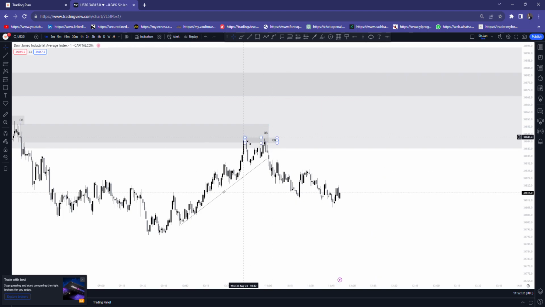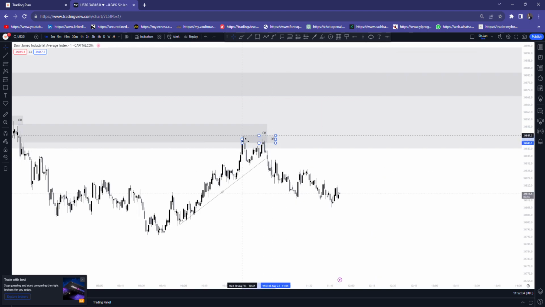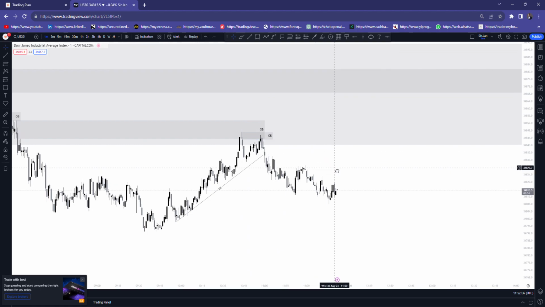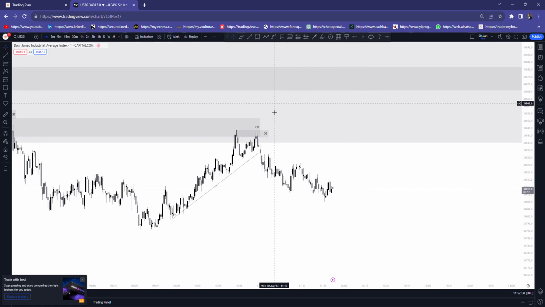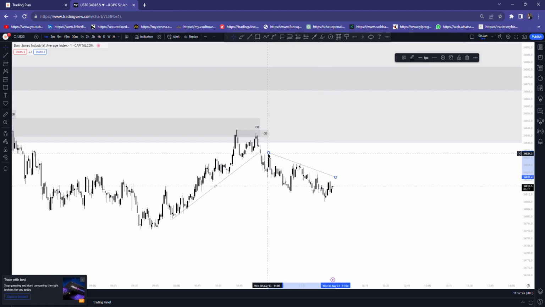So other block here. And then since then, we've been pushing to the downside. It's a nice trendline liquidity here. I mean, listen to myself, I mean trendline liquidity here. We have a nice trendline liquidity.